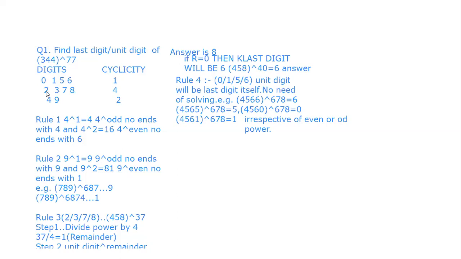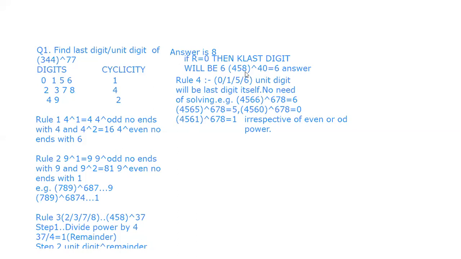If the remainder is 0 and the numbers are even, I will be getting 6. Now what about odd numbers? If it is odd numbers, as you know, anything raised to power 0 is 1. So in case of odd numbers 3 and 7, suppose the number is 457 raised to power 40, if I again divide 40 by 4, remainder will be 0.